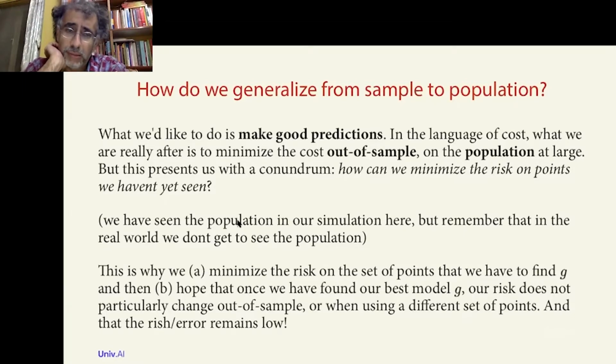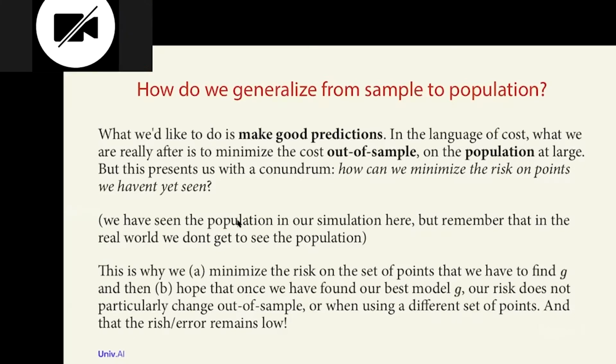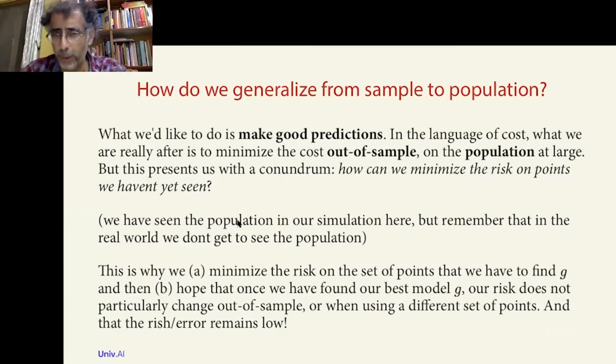We're saying, okay, once we have found our best fit model G, let's just hope our risk does not change out of sample or when using a different set of points. Now, as engineers and scientists, is hope good enough? Never. It's never good enough. We need to actually show this. We need to figure out how to do this.